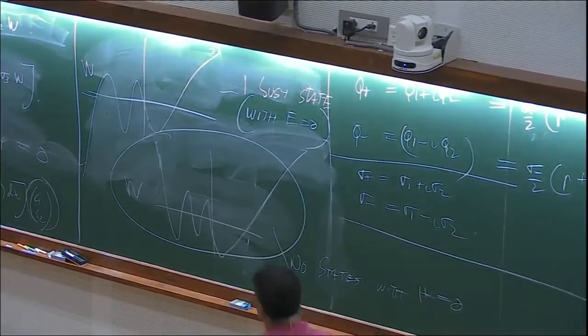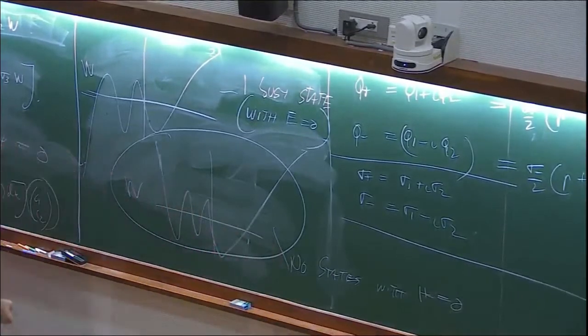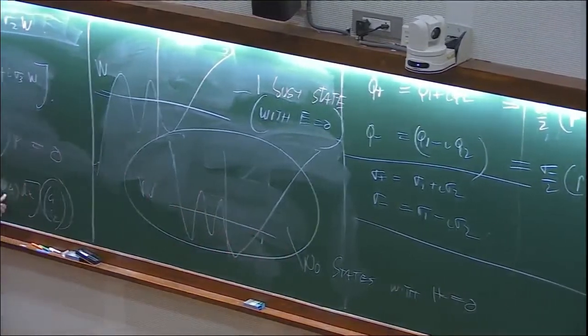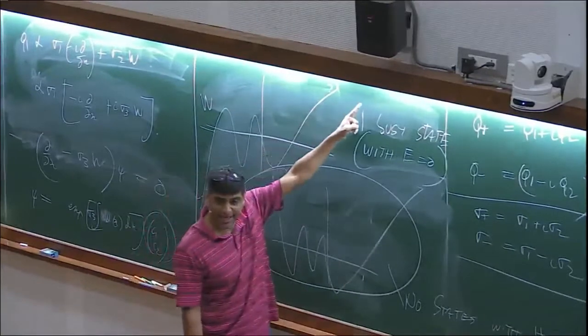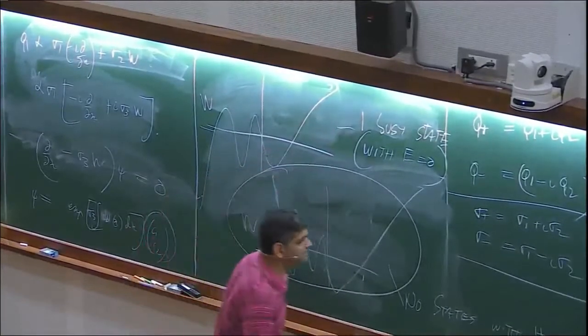How did you get one supersymmetric state in the first class? You see, when we look at the integral of W as we go to infinity, maybe I should write this down.